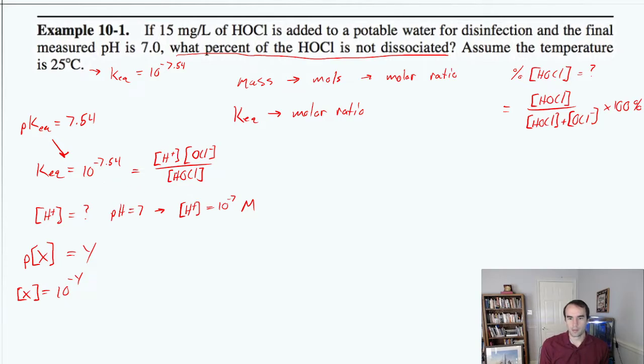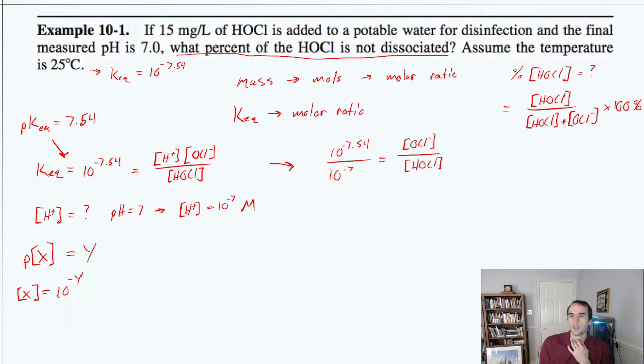Now we can manipulate this equation to find it, so let's go ahead and do that. We can take this 10 to the negative 7.54 divided by the H plus, which was 10 to the negative 7, so fairly similar there, and say that's going to be equal to OCl minus divided by HOCl.